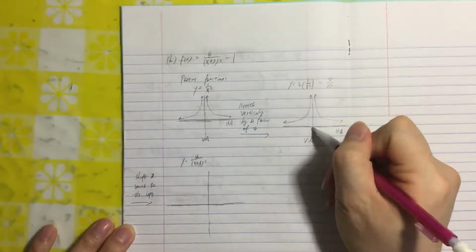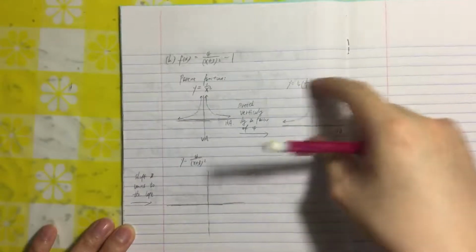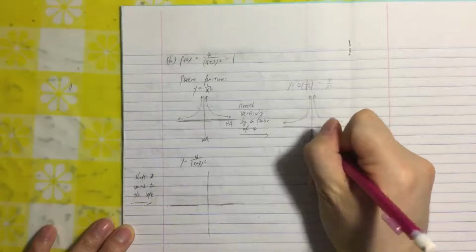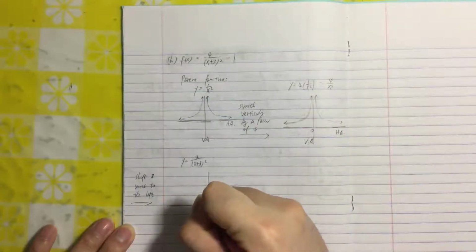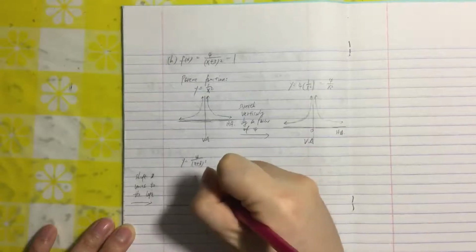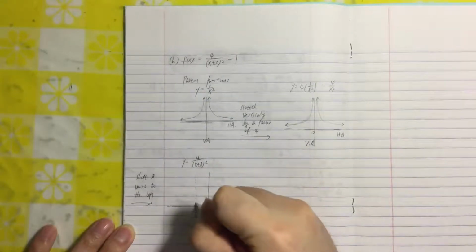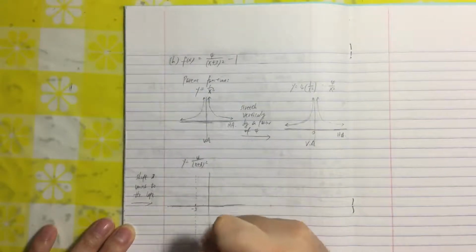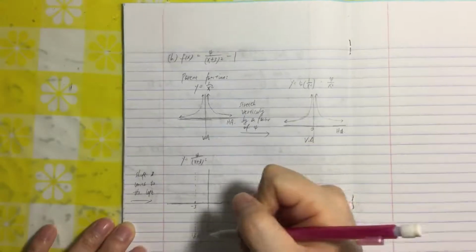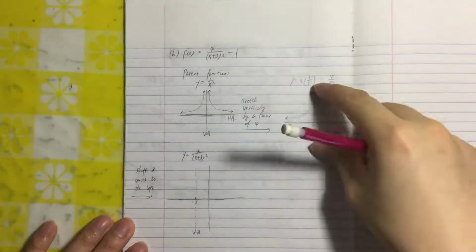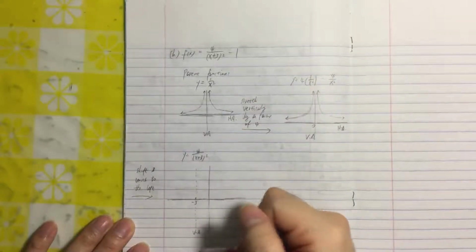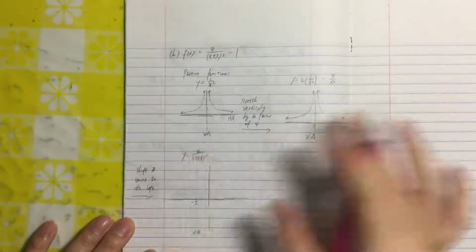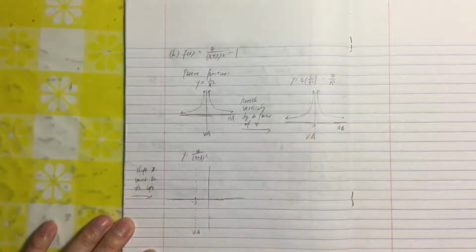It was 0 here. If I shift the graph 3 units to the left side, it becomes -3. So that's the new vertical asymptote. When we shift the graph, we need to shift the asymptotes at the same time. That's the new vertical asymptote.